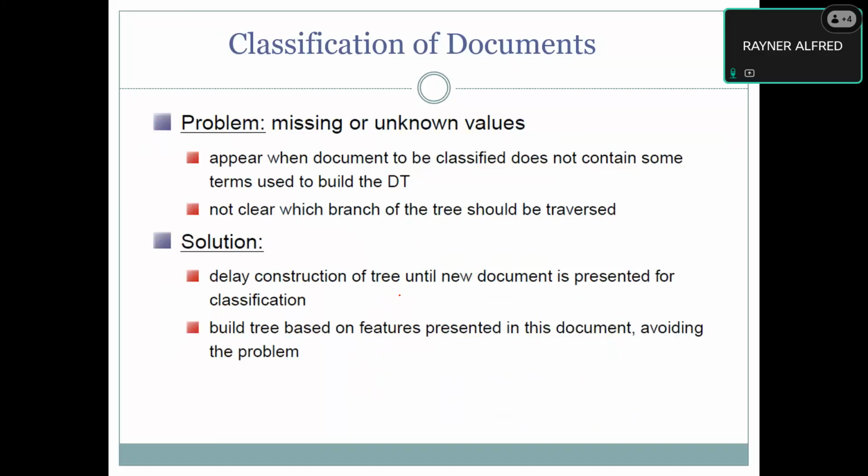One of the solutions is to delay the construction of the tree until a new document is presented for classification. Or you can build the tree based on features present in this document, avoiding the problem. So at least the document that we want to classify has all the keywords required to reach the leaf of the tree. So that's the only problem that we have.